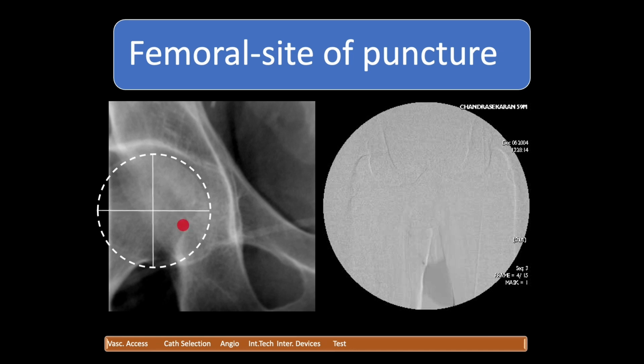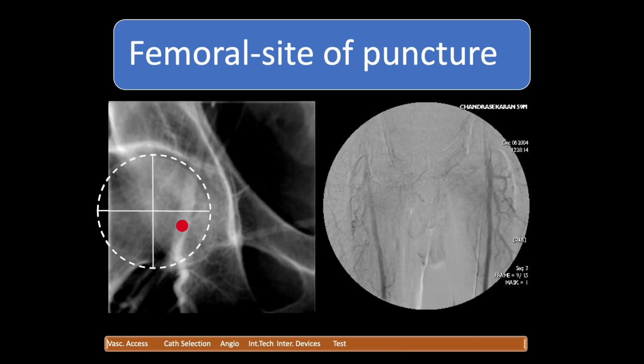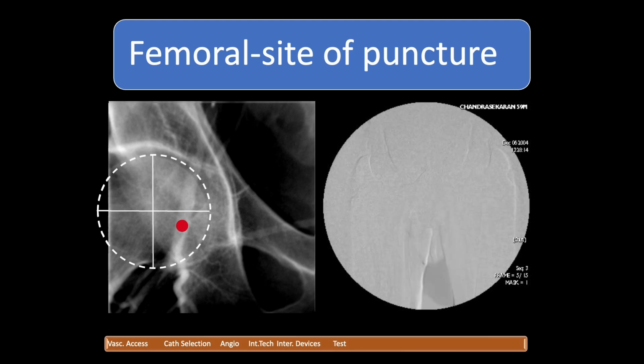You can directly see it by ultrasound guidance now, if you have the capability of finding out the common femoral, where the external iliac artery continues from under the ligament, and then it comes out and divides into 2 branches, the profunda femoris and the superficial femoral.